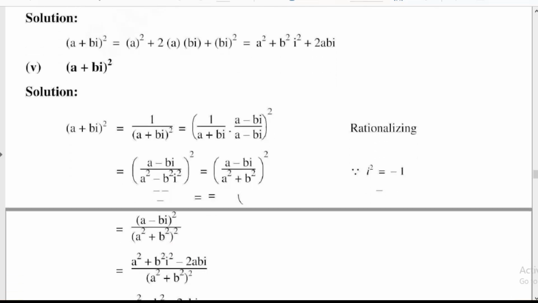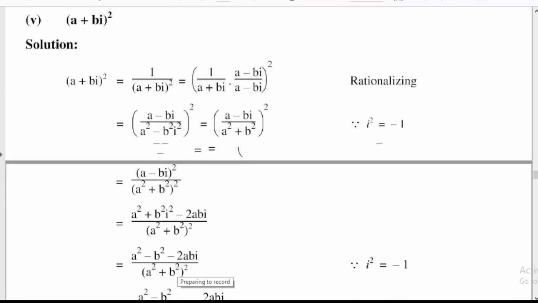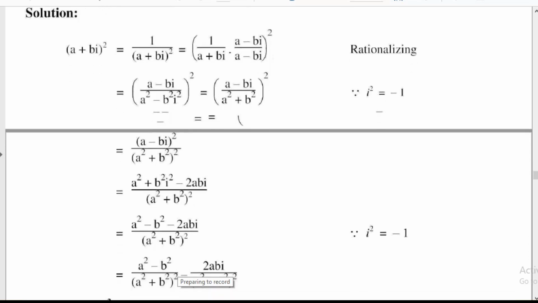So next, a square plus b square iota square minus 2ab iota divided by a square plus b square whole square. So iota square is equal to minus 1. So a square minus b square minus 2ab iota divided by a square plus b square whole square.